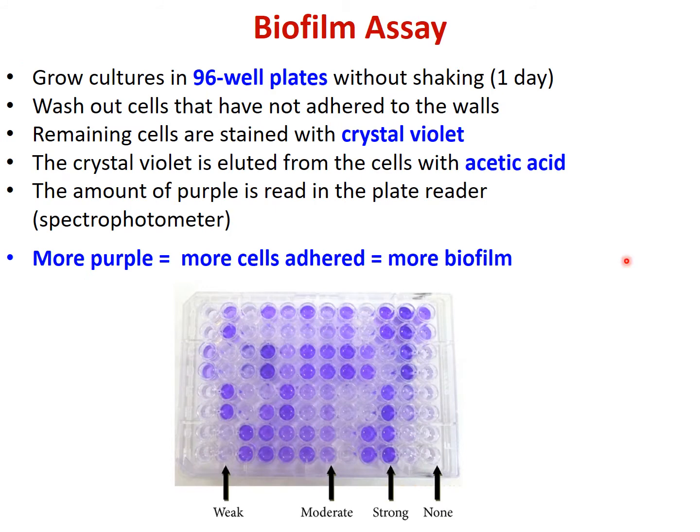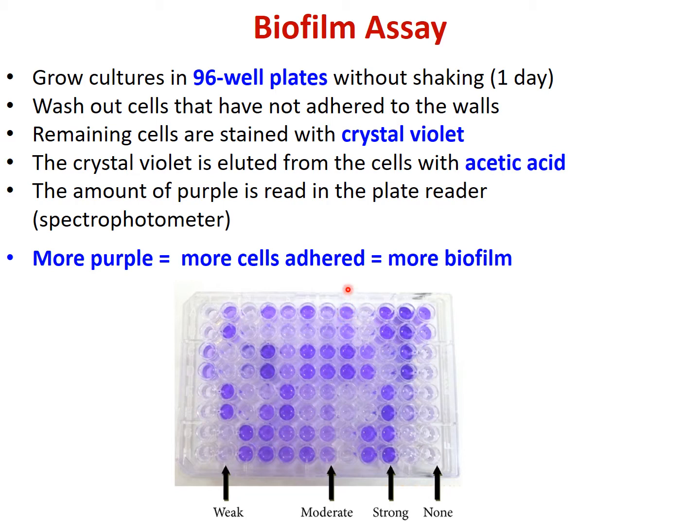Okay, so we are going to set up our biofilm assay using a 96 well plate format. We're going to grow cultures in these 96 well plates without shaking, because remember, we do not want to shake them, because we want to give them an opportunity to adhere to the walls. Then we're going to wash out the cells that have not adhered. After a day, we'll just put them in water and wash them out.